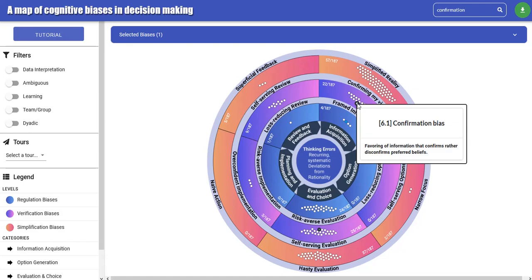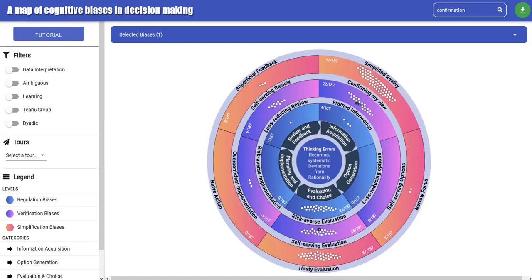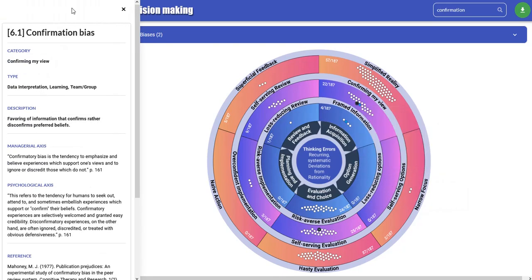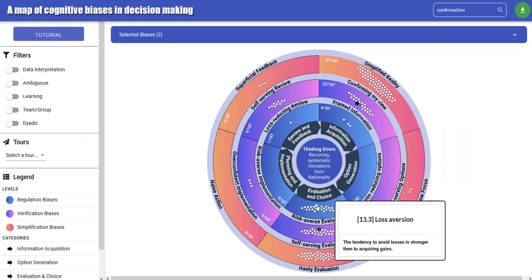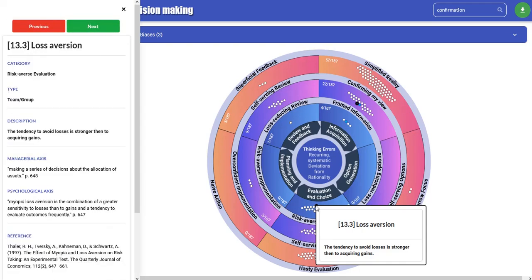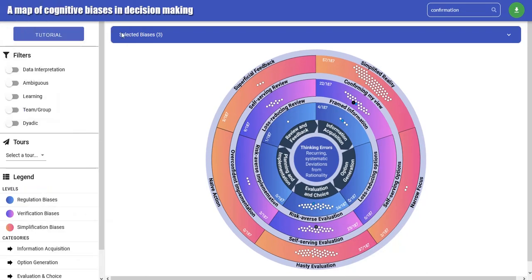In this case, it's confirming my view, so the combination of a verification bias in the information acquisition phase. Again, we click on it, we see the details and can learn more about this specific bias. You can do that for all biases you find here, for all 187 biases.